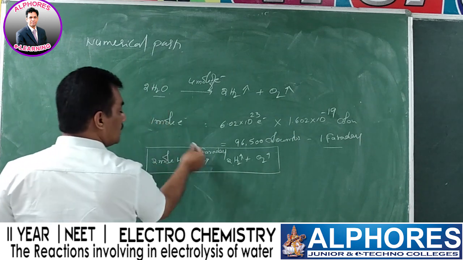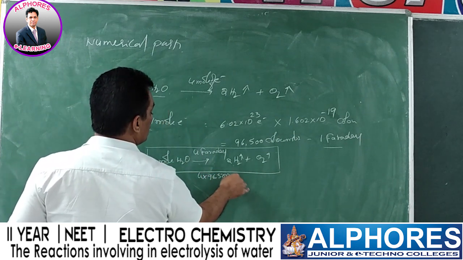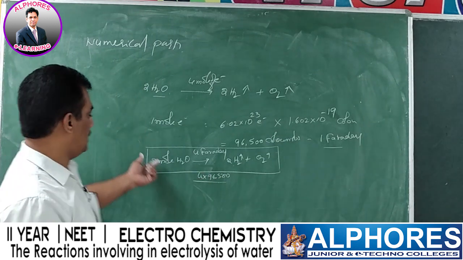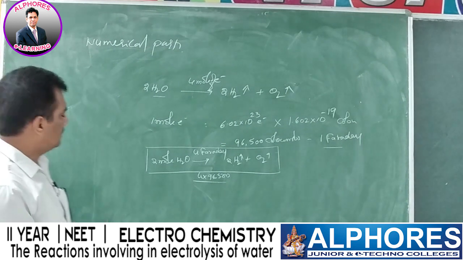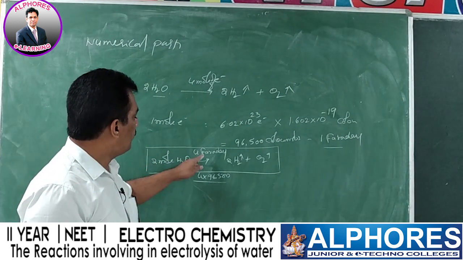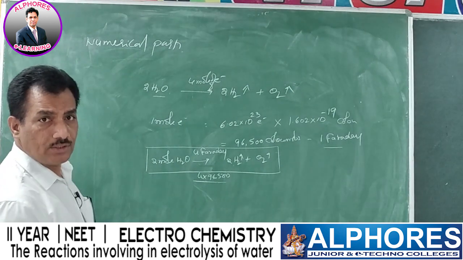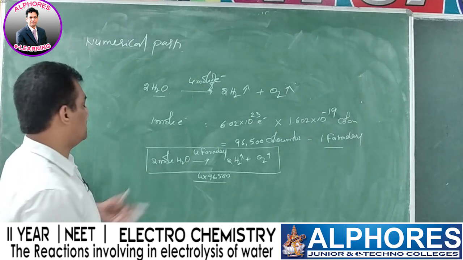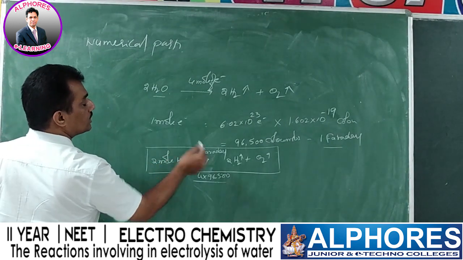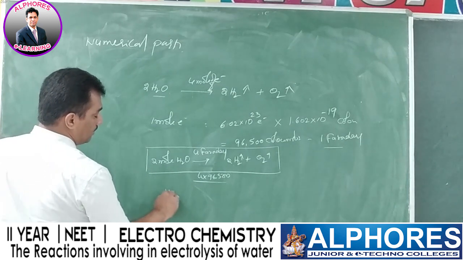With this relation, so many numericals are there. When 4 Faradays are required for 2 moles of water, how many Faradays of current are required to electrolyze 1 mole of water? It is a simple question. When 2 moles require 4 Faradays, 1 mole of water requires 2 Faradays of current for the electrolysis.